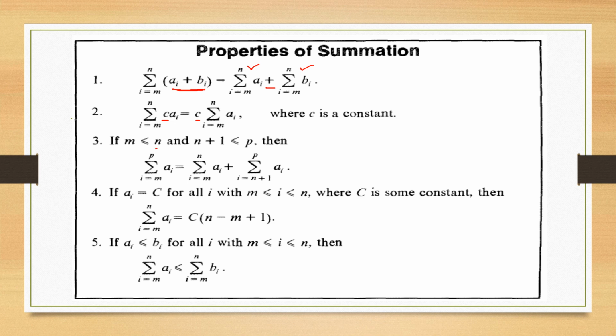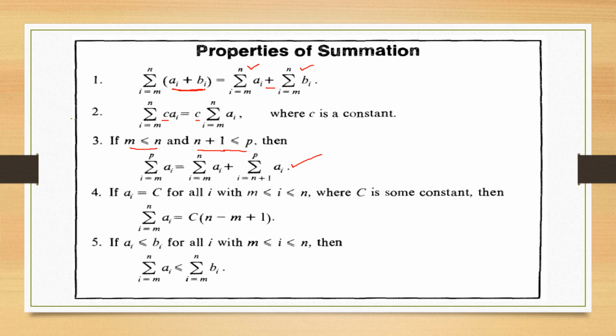If m is less than or equal to n and n plus 1 is less than or equal to p, and we have a summation of ai where i varies from m to p, we can break it into the summation of ai where i varies from m to n, and the summation of ai where i varies from n plus 1 to p.